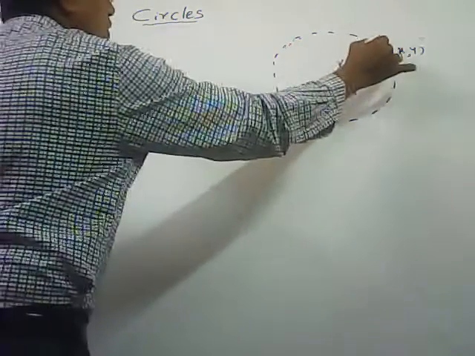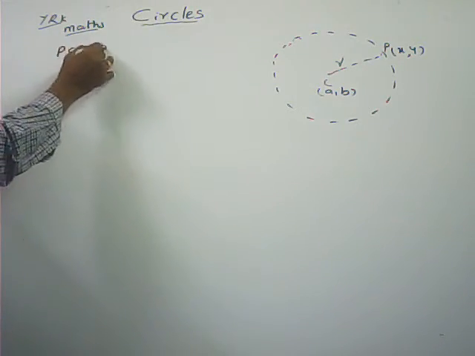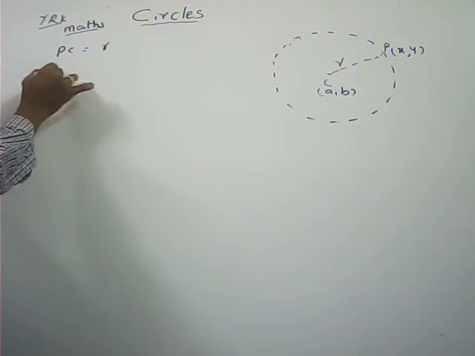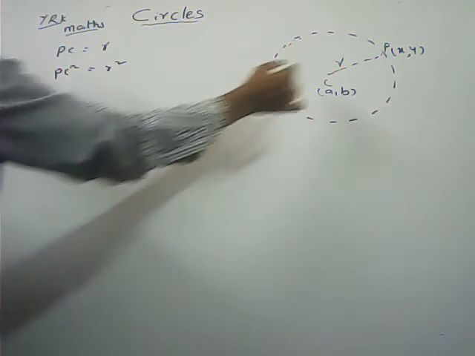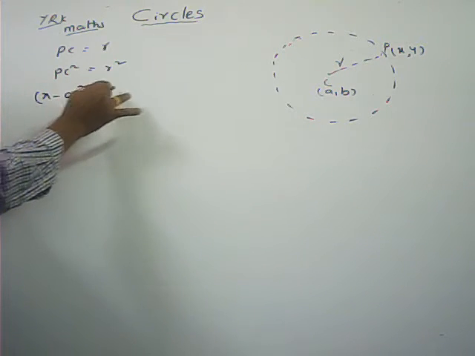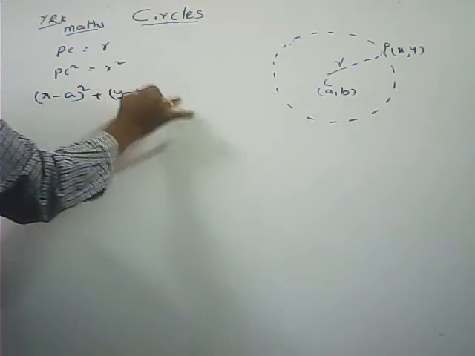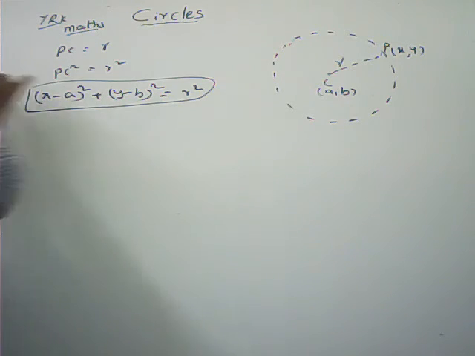Here if I take the locus of the point P, CP or PC should be equal to the radius, and PC square is equal to r square. PC square, the distance between these 2 points, (x minus a) whole square plus (y minus b) whole square, is equal to r square. This is the standard form of the equation of the circle.